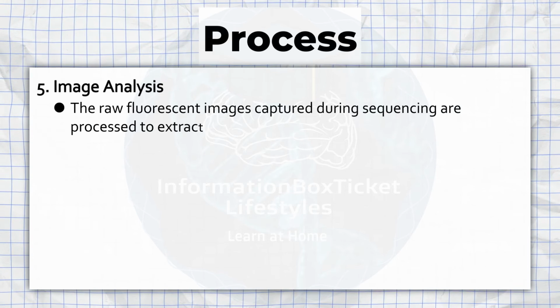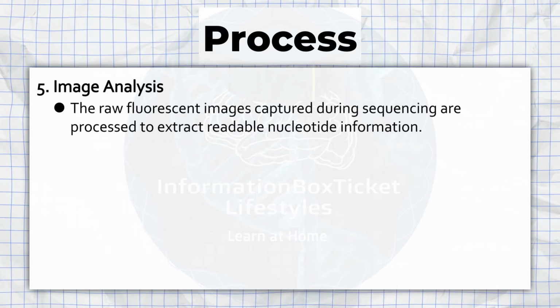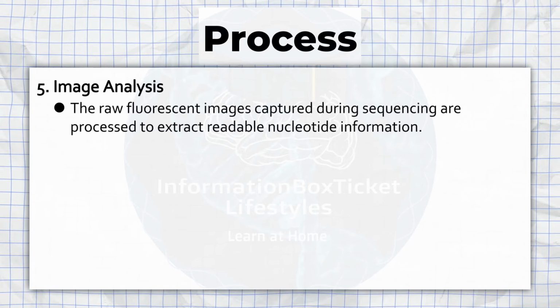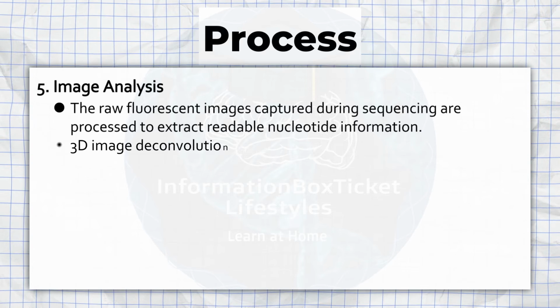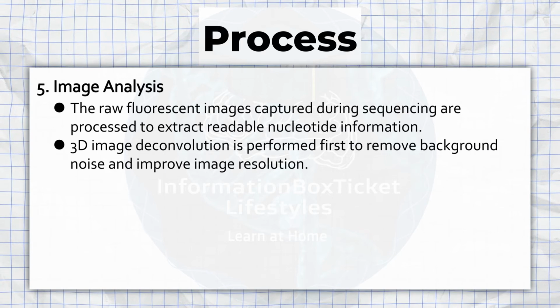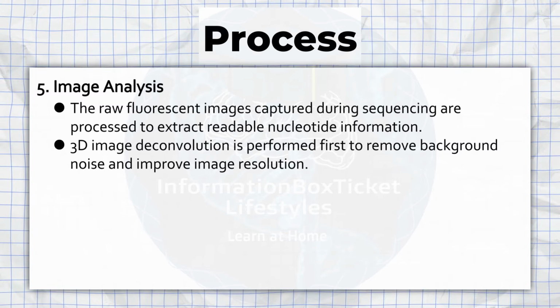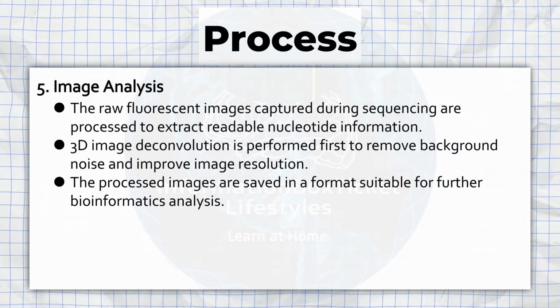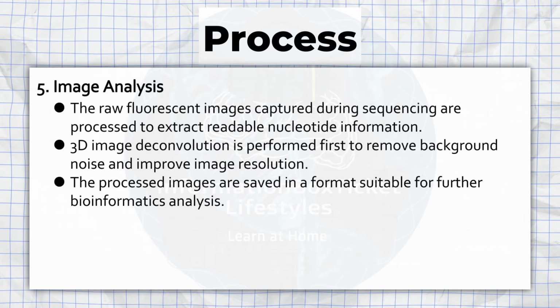Number 5, image analysis. The raw fluorescent images captured during sequencing are processed to extract readable nucleotide information. 3D image deconvolution is performed first to remove background noise and improve image resolution. The processed images are saved in a format suitable for further bioinformatics analysis.